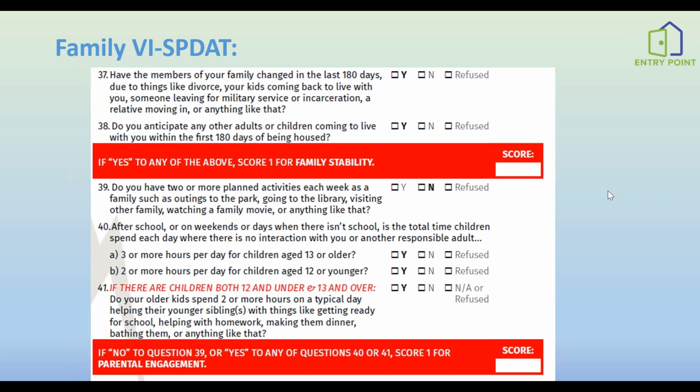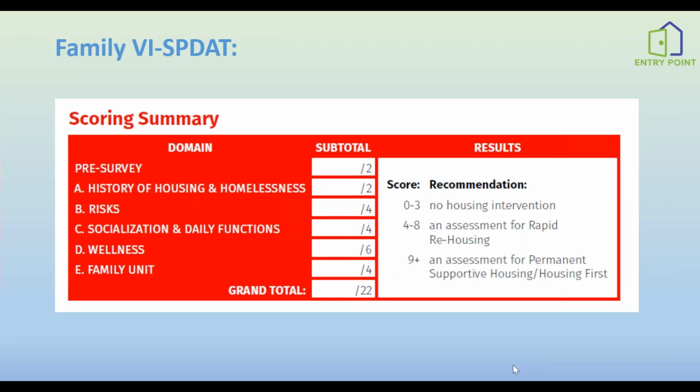So that's the special section on the family VI SPDAT, the family unit section. If you have any questions about any of that, you can always reach out to the Entry Point lead team or come to one of our case consultation calls or Zero meetings to talk about it.